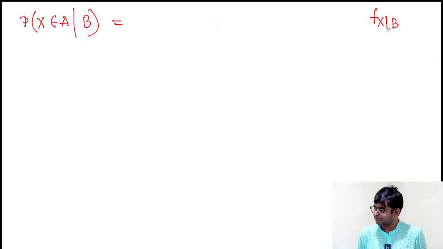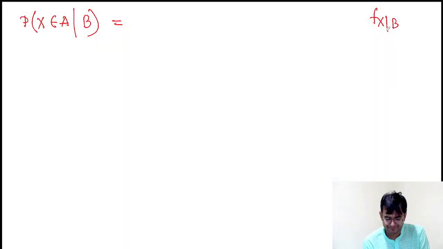If the conditioning was not there, how would I have written it? Assume that B is not there. X belongs to A. Let's first assume that. I want to find probability x belongs to A. How do you find it out? Integration f(x) dx in A.